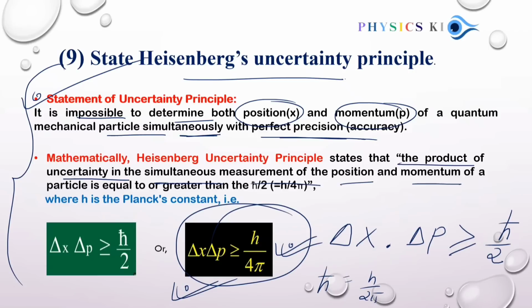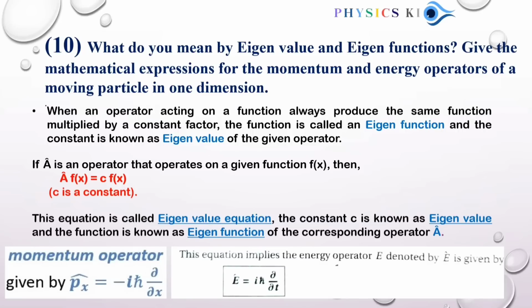Next question, 10th one. What do you mean by eigenvalue? Okay, very good question. An eigenfunction gives the mathematical expression for momentum and energy for one dimension. So first of all, what is the eigenvalue? Write down this definition.